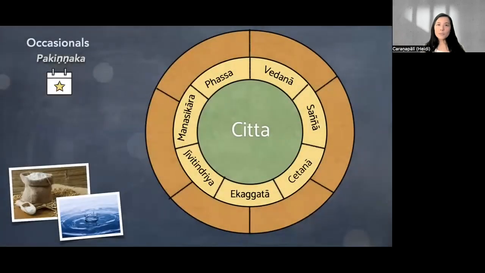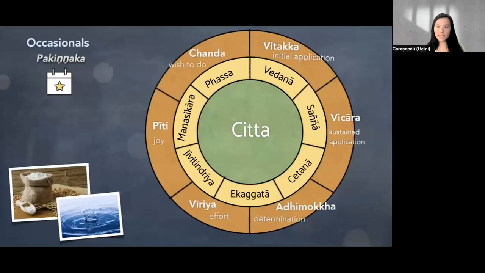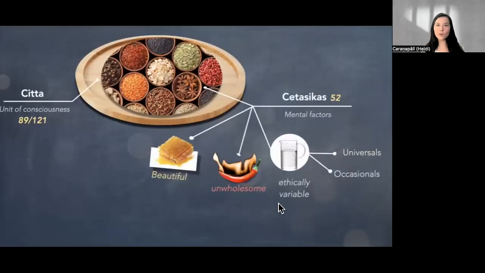All right, so very quickly, we have finished with the Pakinakas: Vitakka, Vicāra, Adhimokkha, Vīriya, Pīti, and Chanda. These are the occasionals, and the others are the universals. So now we have quickly finished the whole group of the ethically variable ones.